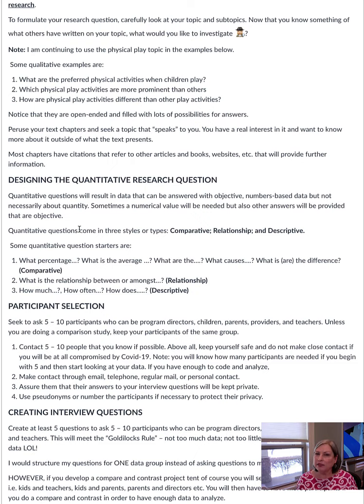I just thought that some of you may be ending your master's program. You may have had that research methods course. You may be very schooled in quantitative questioning, and you have a lot of participants to work with. But that's going to require a lot of participants, 25 and up, if you're going to do quantitative questions.